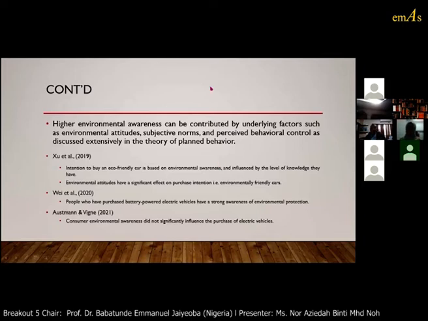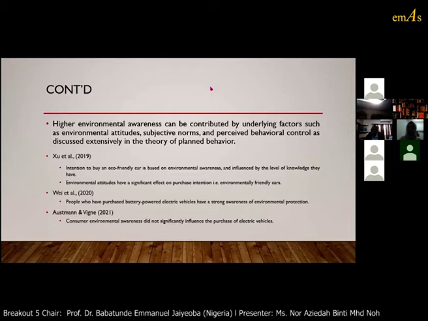So where do you go from this literature review? From this literature review, as mentioned by Prof. Dr. Wan, we need to look at the fuel subsidy extensively for each and every level of society in the country, because maybe subsidy is not the only thing that can help people to buy or use electric vehicles.